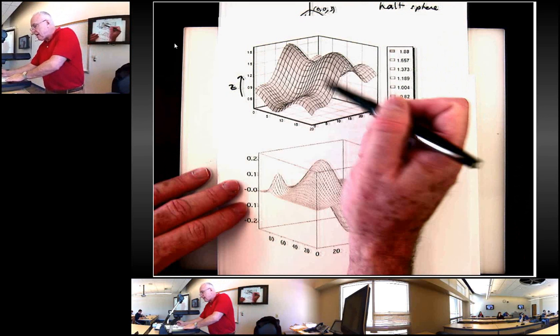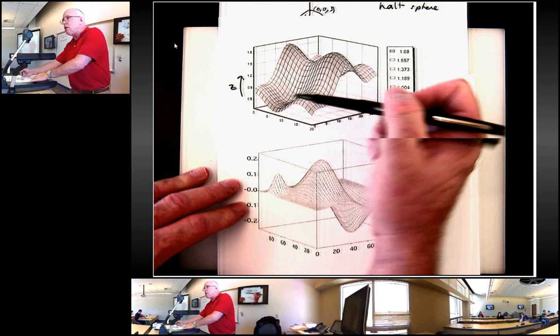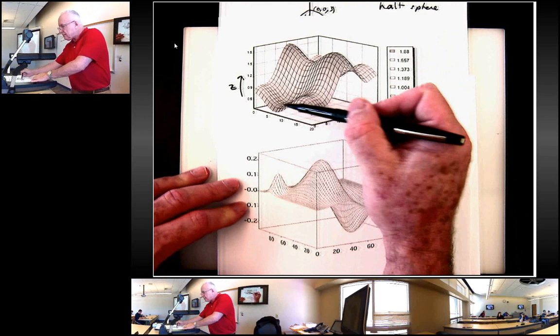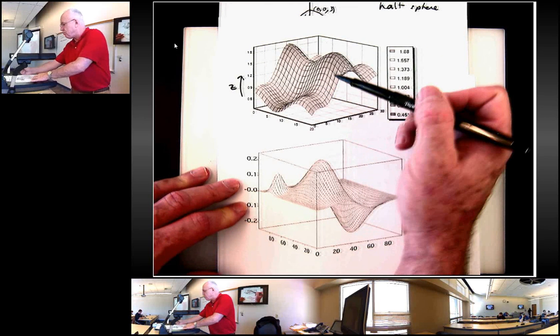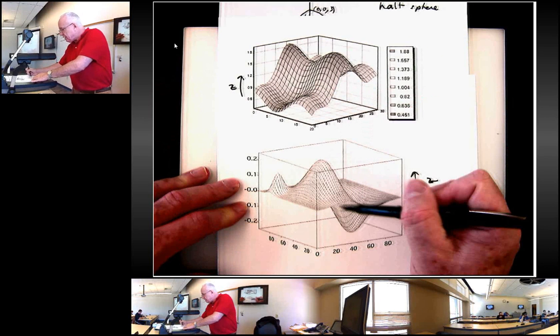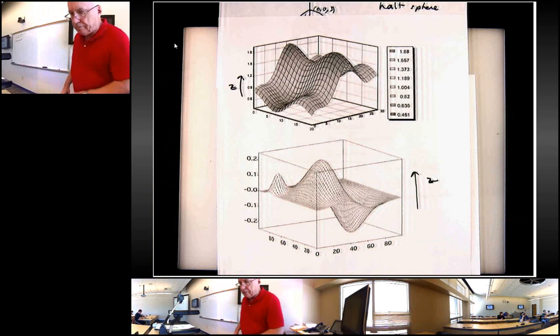Without those kind of contour lines, it's very hard to see in 2 dimensions how this thing moves. That really gives you the 3-dimensional feel of it.